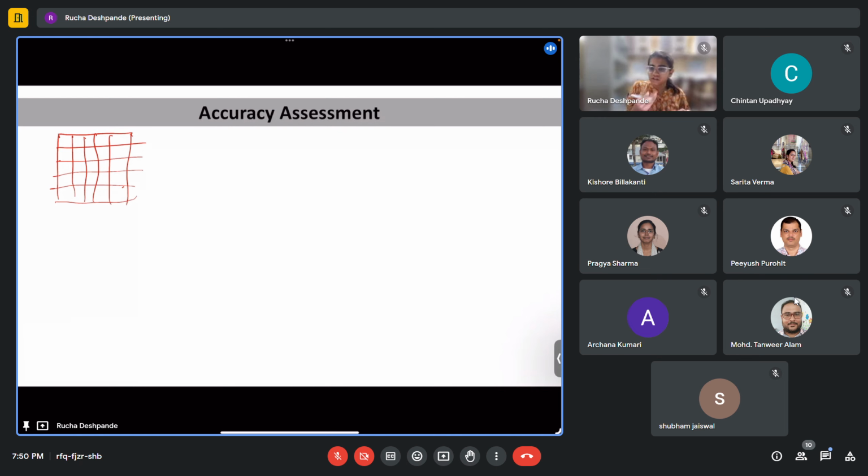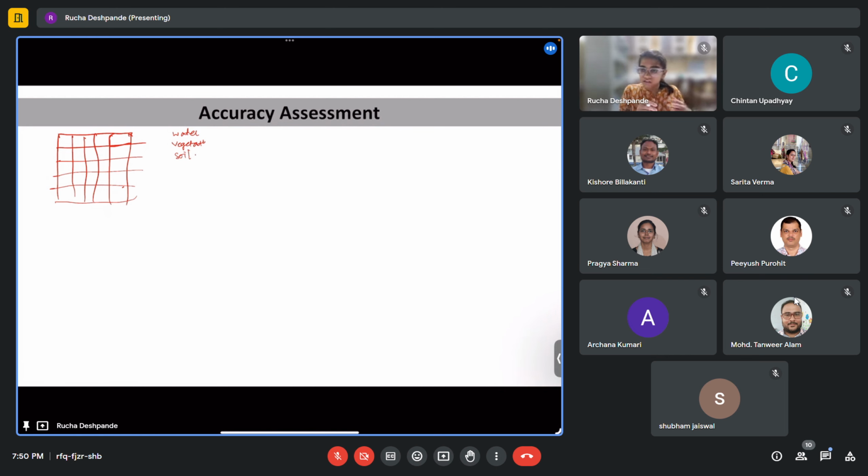For remote sensing data, we might have different classes like water or vegetation or soil and so on. Based on these pixel values, we are calculating what class the pixel would belong to.